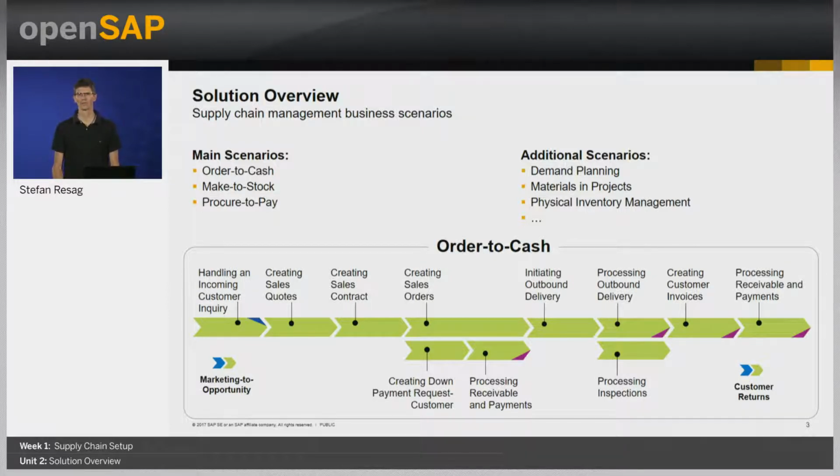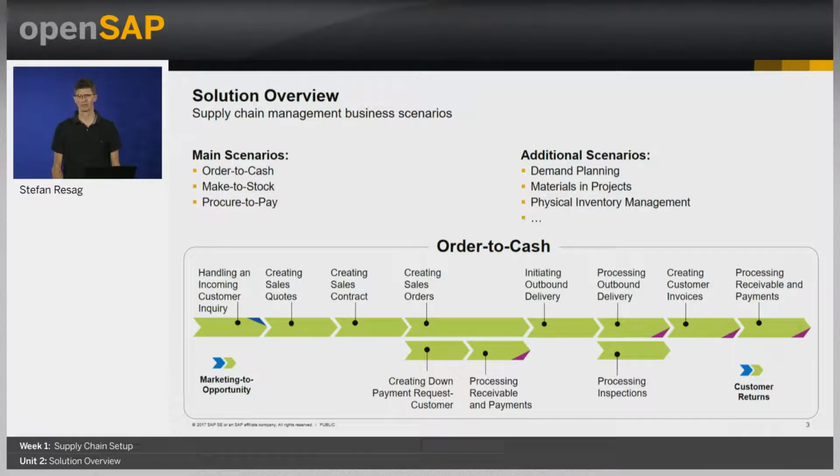To run your business, you normally need several supporting scenarios. Demand planning, for example, will help you to forecast your future demand, so that production and procurement processes can already be triggered well in advance. With materials in projects, we offer a solution that connects demand of inventory managed goods from your projects with your supply chain.